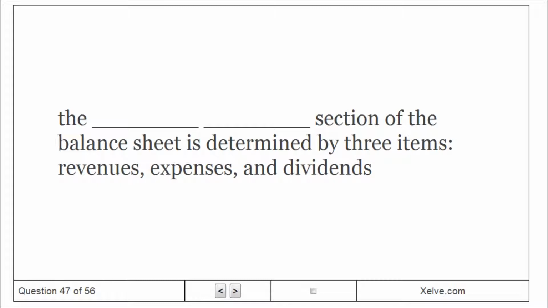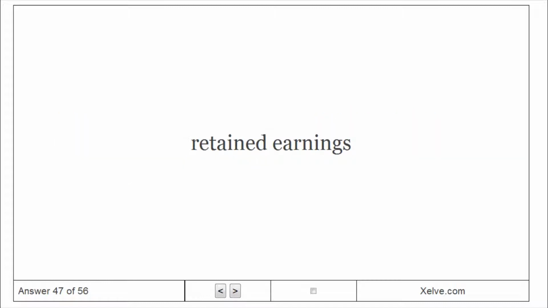The retained earnings section of the balance sheet is determined by three items: revenues, expenses, and dividends. Retained earnings.